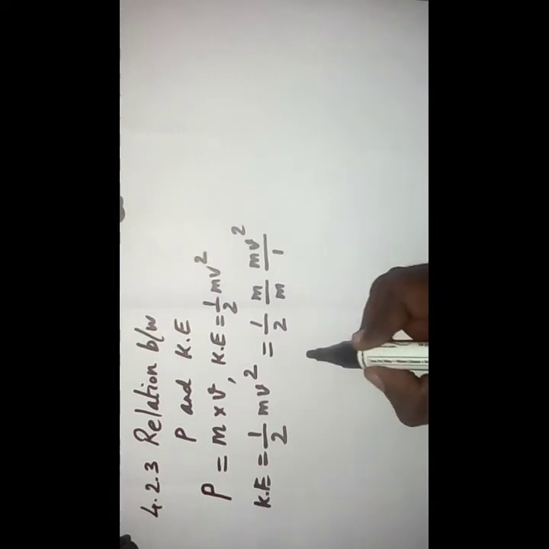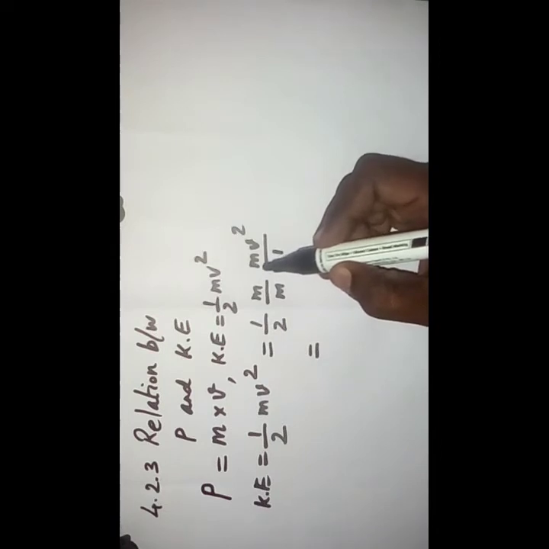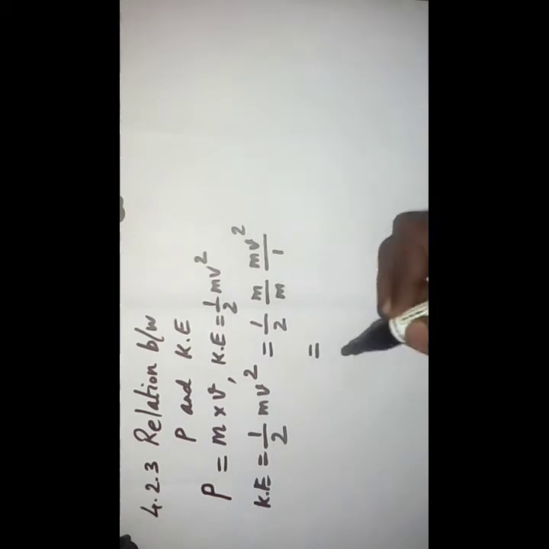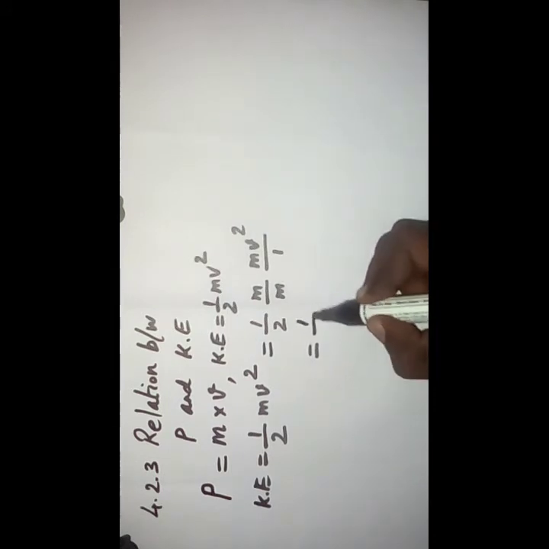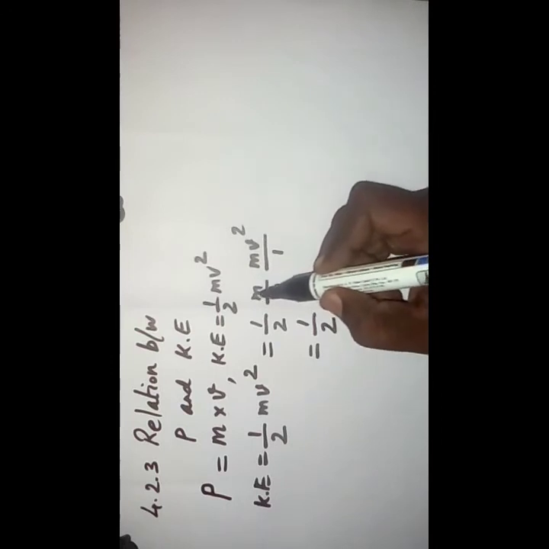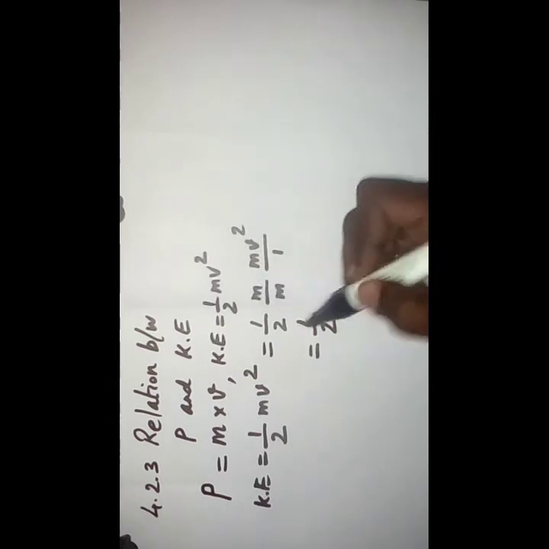Now this is equal to, I am going to club mv and mv. See, 1 by 2, keep it as such. Take one v from this v square and club it with this m.